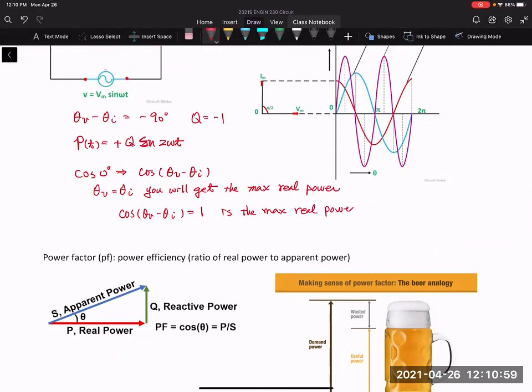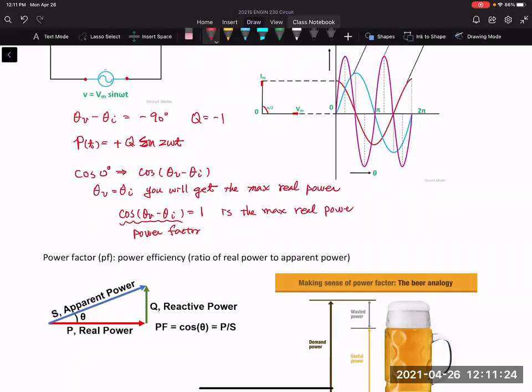And we call this one here power factor. So the power factor is the cosine of theta V minus theta I, and that's how we define the power factor. Okay, you try to make it equal to 1 or close to 1 to actually get the real power.